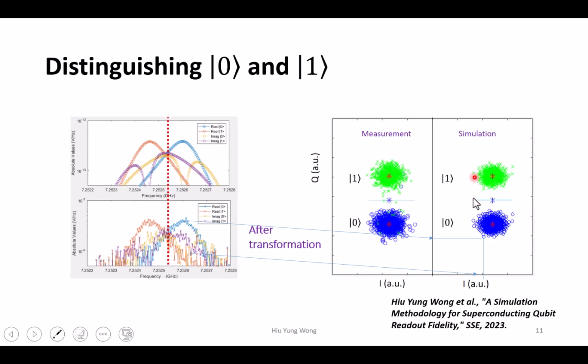Then after measuring 2,000 points, 1,000 for each of these, the simulation looks good, but in measurement, sometimes you have some green point which is supposed to be 1. It gives me negative, for example, right? And sometimes it's supposed to be 0, which is the blue here. It gives me positive. And these are the fidelity problem. This is the error, right?